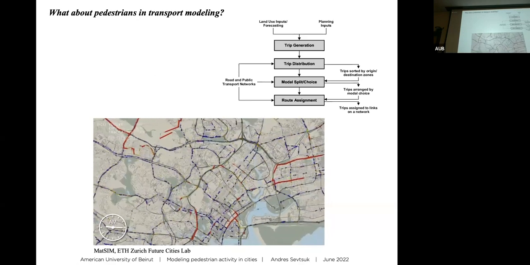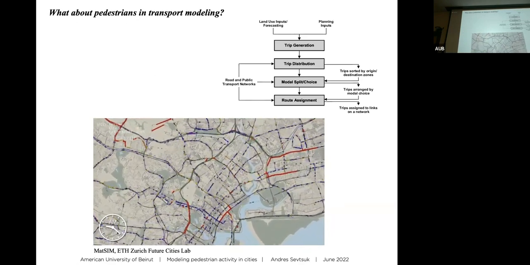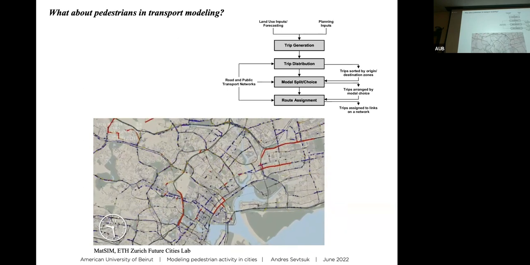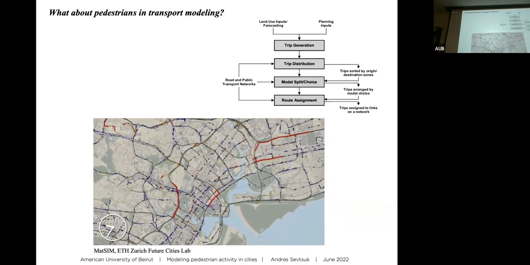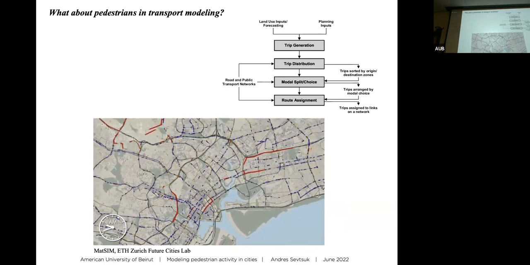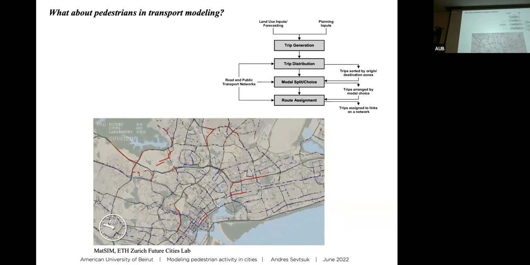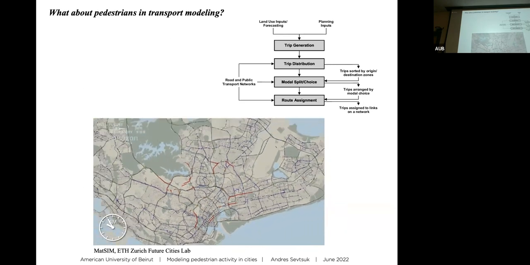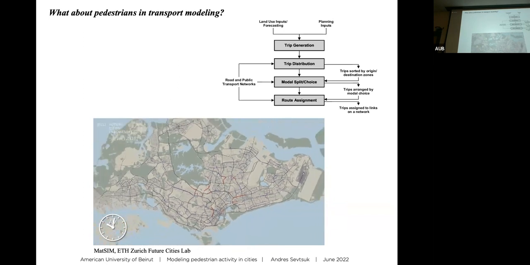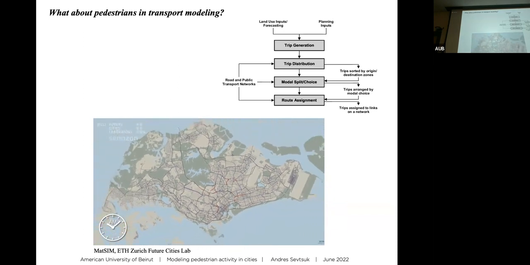On the other hand, in the transport community, we have developed very elaborate models from the original 4-step model that starts with trip generation to distribution to modal choice and route assignment, to nowadays activity-based models that account for various modes of travel and can be predictive over time.